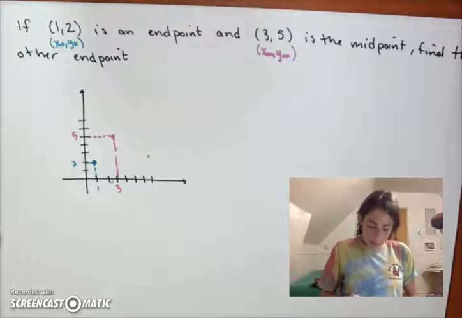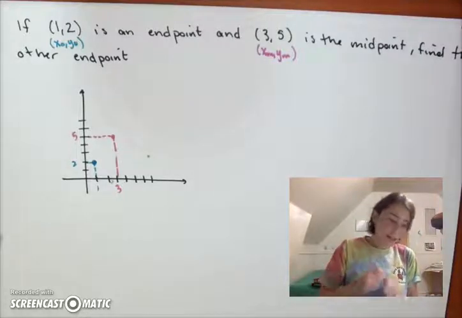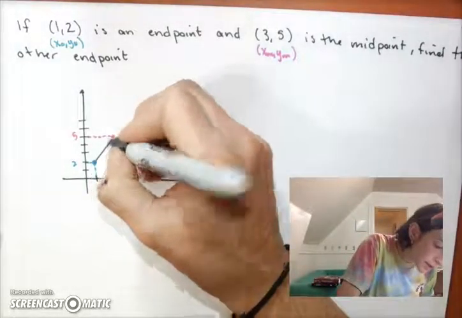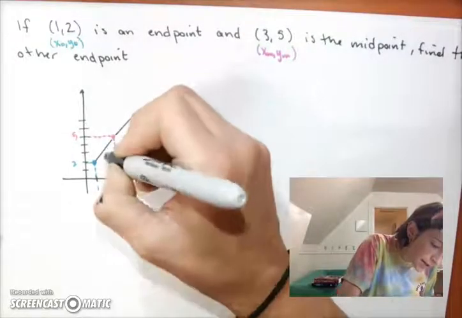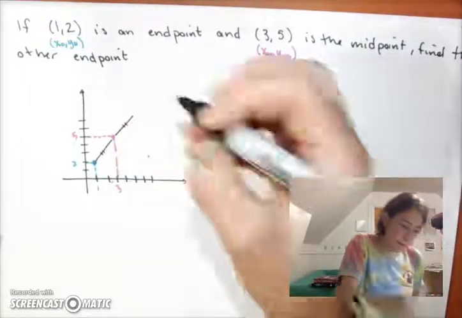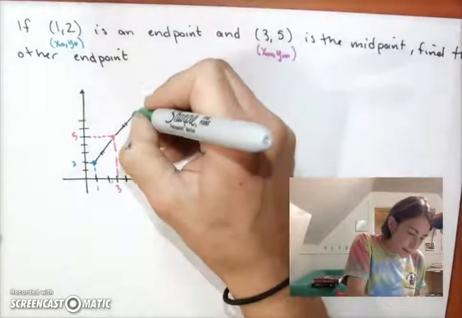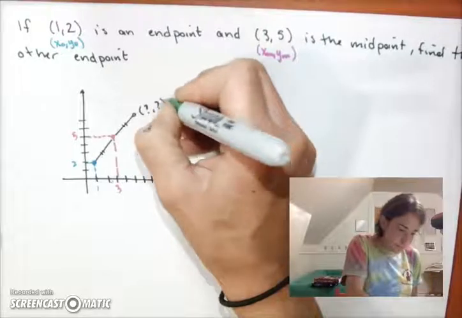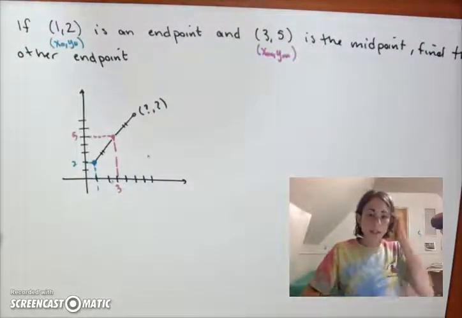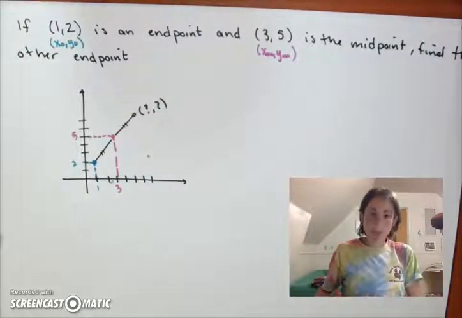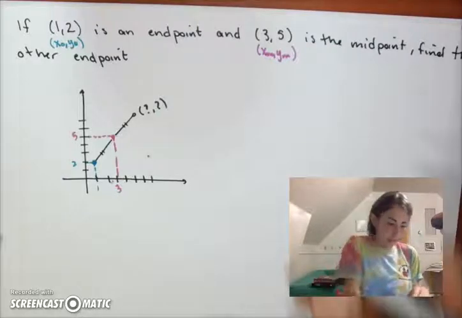And so what I'm looking for is another point which is out in this direction, which makes this line segment the same as this one. So I'm trying to find the other endpoint, and I want to know its coordinates. I can do this in two ways. First, I'll use the formula, and then we'll use the picture.